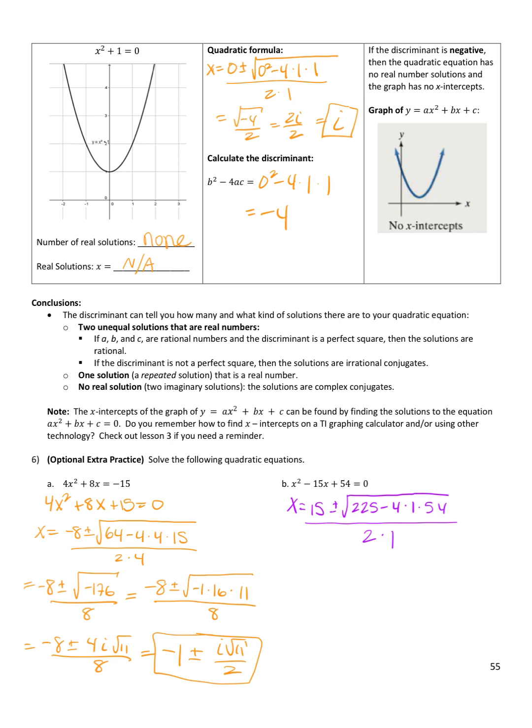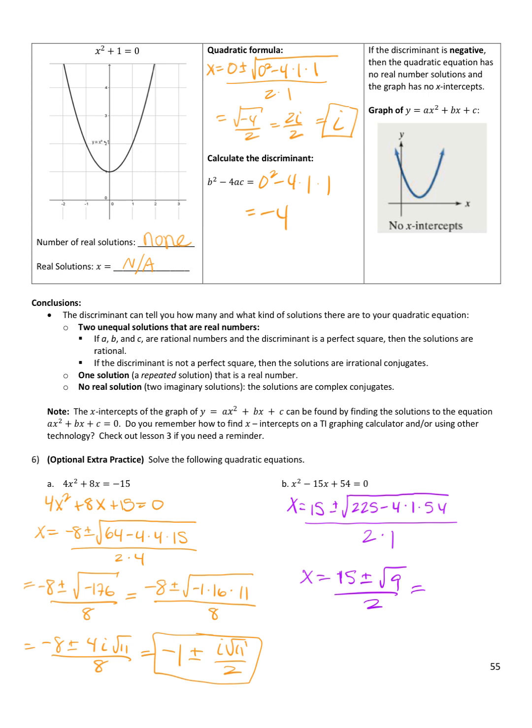So I grab my calculator and I say, okay, well, 4 times 54 is 216. And 225 minus 216 is 9. So I have x equals 15 plus or minus the square root of 9 over 2.